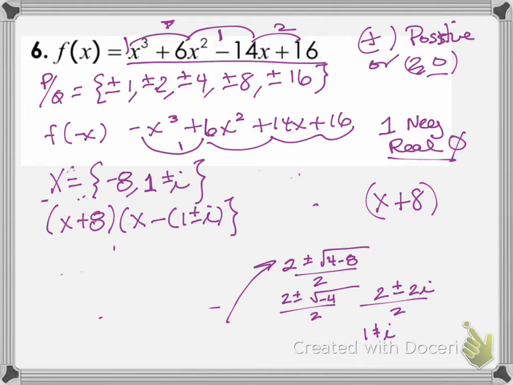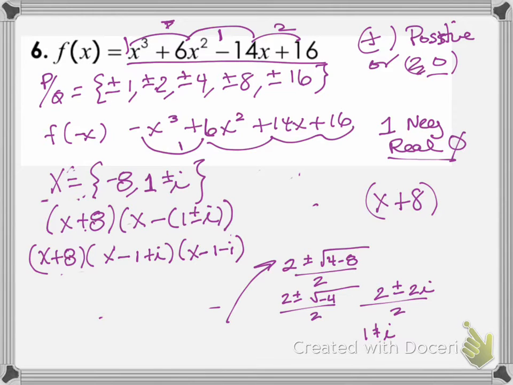Whoops, I did the wrong kind of parenthesis. You got to do a parenthesis to get that whole thing in there. So x plus 8 and x minus (1 plus or minus i). Now you can leave it like that, or you could rewrite them to be this. x plus 8, and then this one is x minus (1 plus i), and this one is x minus (1 minus i).